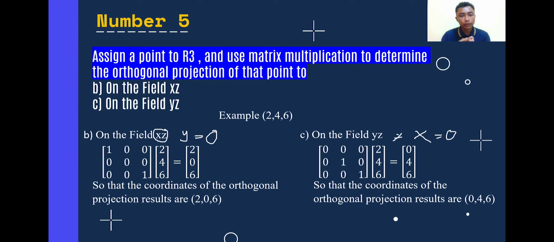Ketika kita akan membuat orthogonal projection pada bidang xz, maka kita tinggal menghilangkan atau membuat value dari axis yang tidak kita sebutkan pada bidang itu menjadi 0. Sebagai contoh di sini xz, maka y-nya yang akan kita buat jadi 0, sedangkan pada yz maka x-nya akan kita ubah jadi 0. Jadi axis yang tidak dipanggil pada bidang ini, pada bidang yang dibentuk, itu akan diubah menjadi 0.